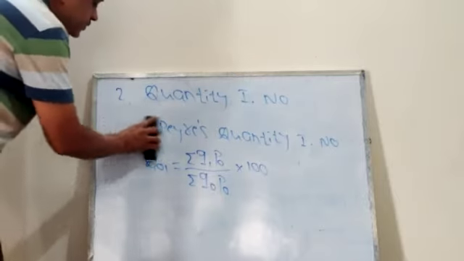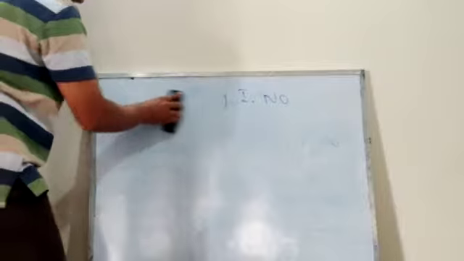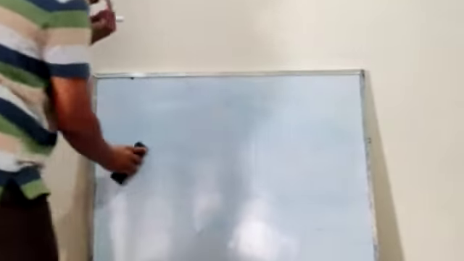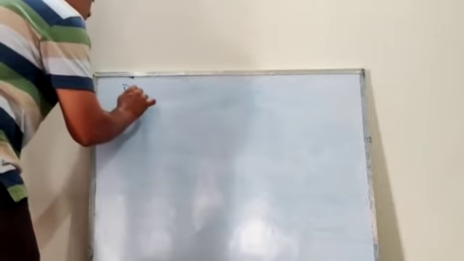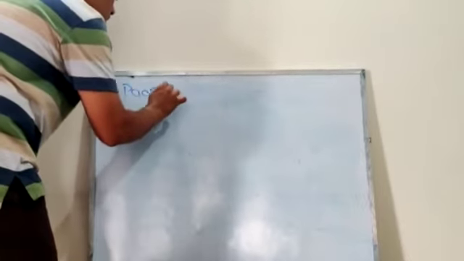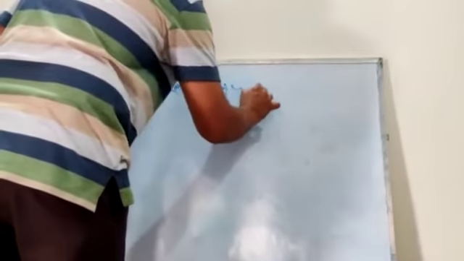Then the second one, Paasche's quantity index number.